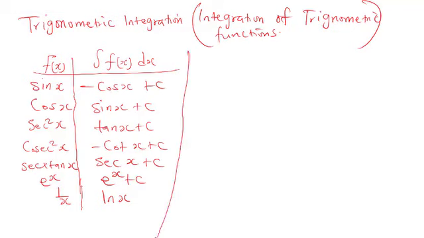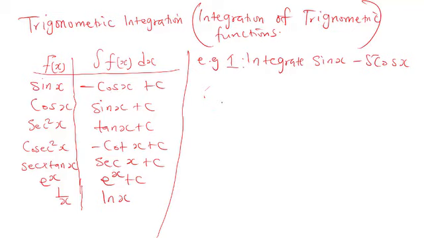For example, example 1. Integrate sin x minus 5 cos x. When you have something like this, you are expected to integrate sin x minus 5 cos x.